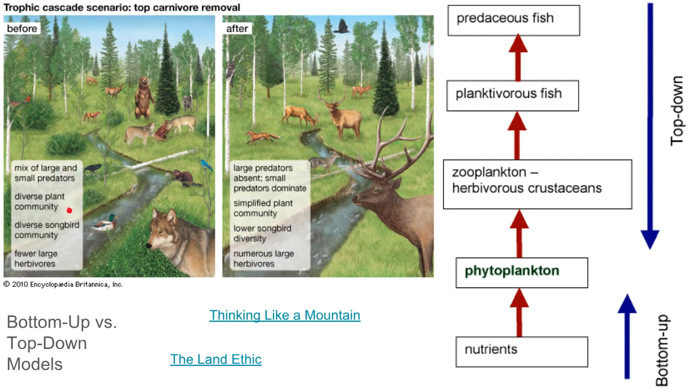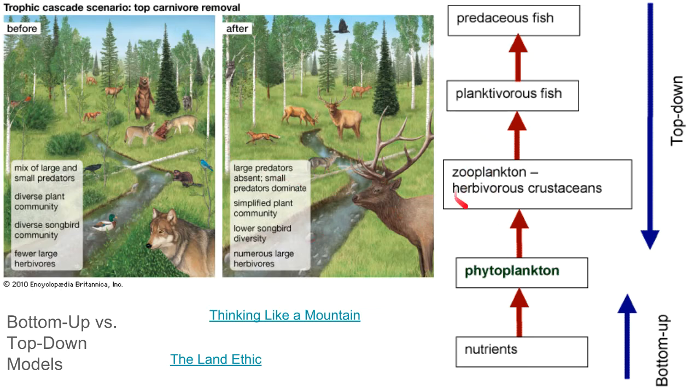You have a diverse plant community, diverse songbird community, fewer large herbivores though. However, once it's gone, now we have small predators that are dominating, a simplified plant community because of these numerous large herbivores, and if you don't have as much diversity in the plant community, you have a lower songbird diversity. And one thing is going to affect the other.